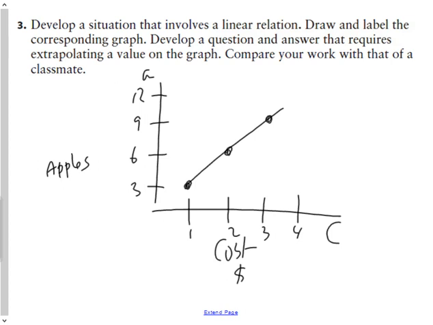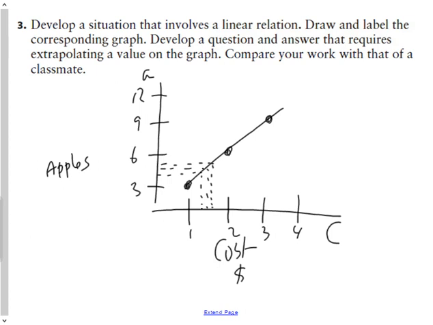Is it possible to interpolate this one? Is it reasonable for us? Is any point in here possible? Or is it limited to certain numbers? Can you buy part of an apple? Can you buy 1 1/3 of an apple?